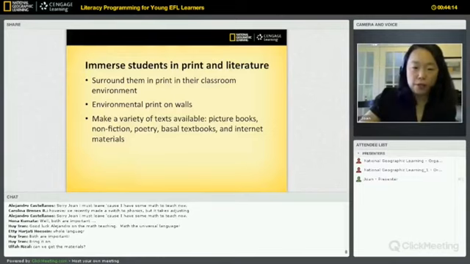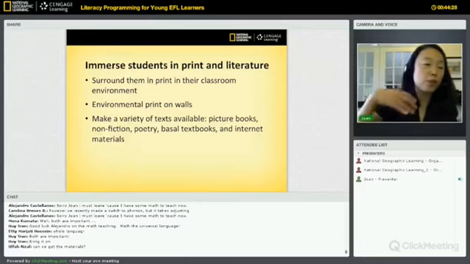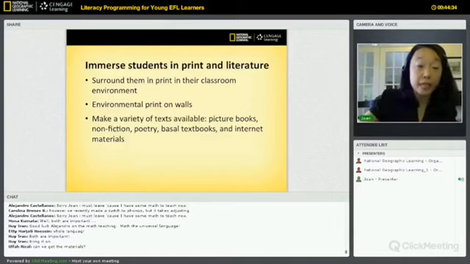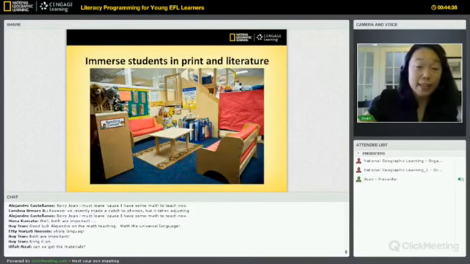Okay, I do want to start with the top-down approach, because I do see this bottom-up approach a lot. And one thing you absolutely have to do for young learners is to immerse them in print and literature. You want to make sure that they're surrounded by print in their environment, print on the walls, and that you're making a variety of texts available, like picture books and all different types of texts.